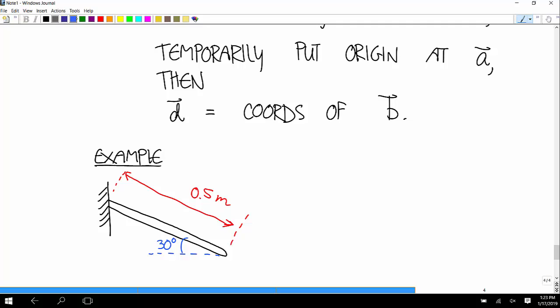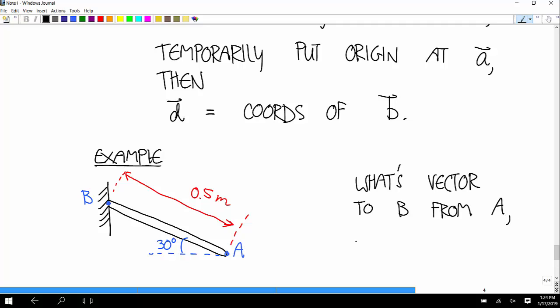And let's call this point B and this point A. And we want to know what's a vector to B from A in the coordinate system that we're used to with X horizontal and Y up.